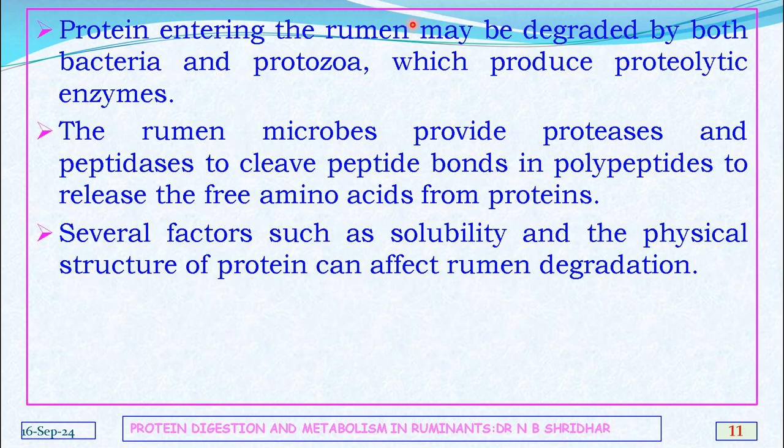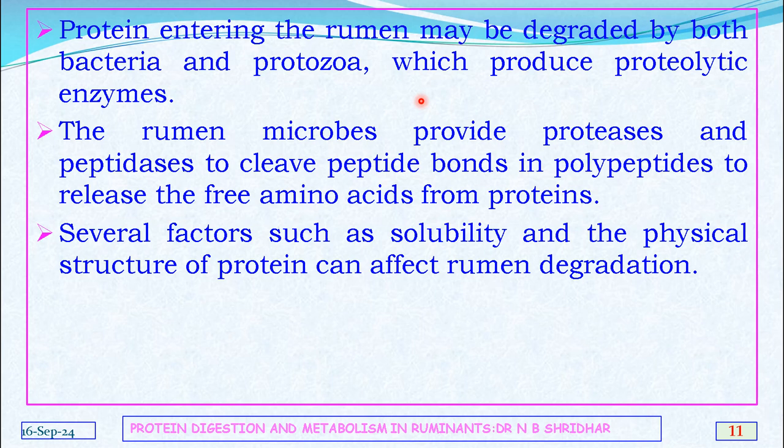The protein entering the rumen is degraded by both bacteria and protozoa. Even though bacteria also participate in the carbohydrate digesting system, they produce proteolytic enzymes. Any type of protein entering the rumen is degraded by both bacteria and protozoa, which produce proteolytic enzymes.